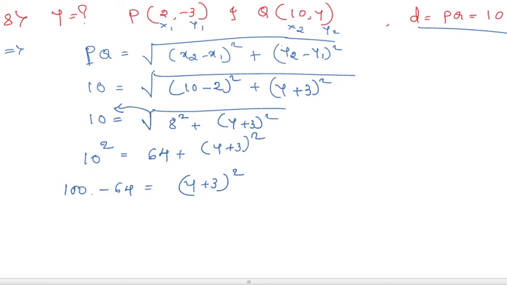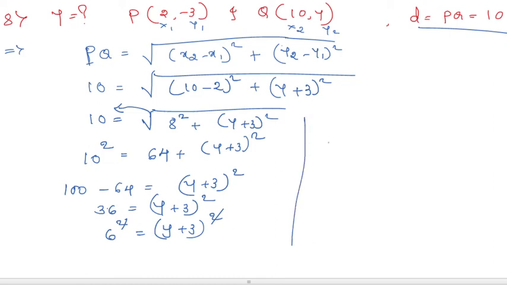Now this 100 minus 64, you will get 36, which is equal to (y plus 3) whole square. This 36 can be written as 6 square, equal to (y plus 3) whole square. The squares get cancelled here. What will you get? 6 is equal to y plus 3.